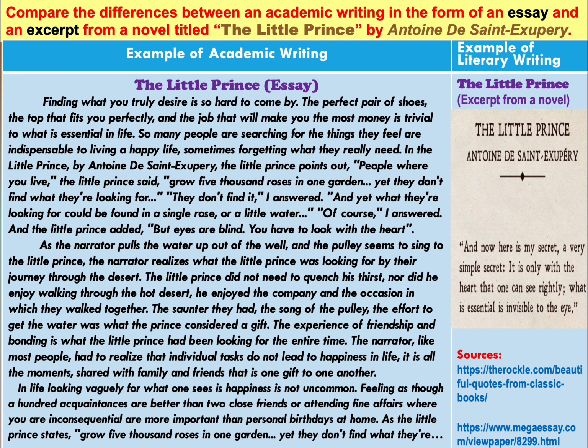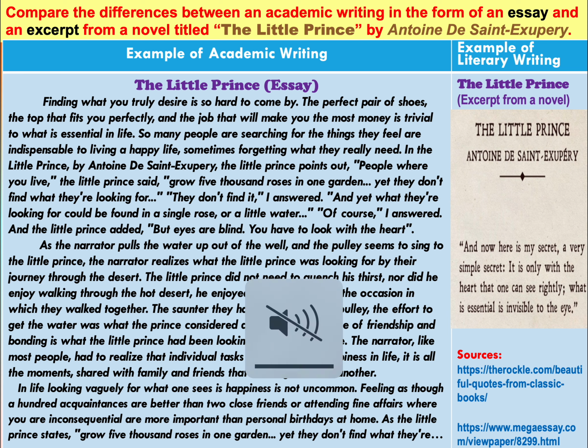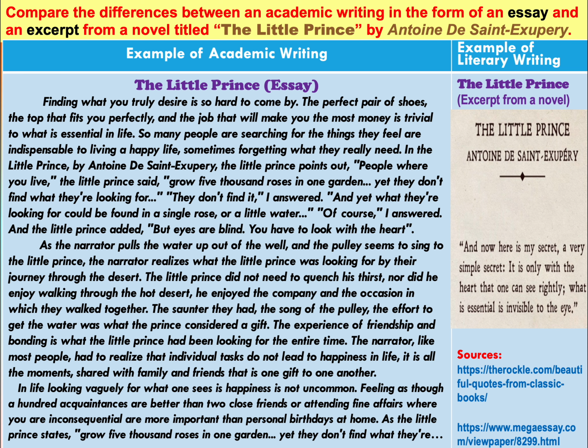So in The Little Prince by Antoine de Saint-Exupéry, the Little Prince points out, people where you live grow 5,000 roses in one garden. Imagine that, 5,000 roses. You have 5,000 roses in your garden. Yet they don't find what they're looking for, meaning they are still unhappy.